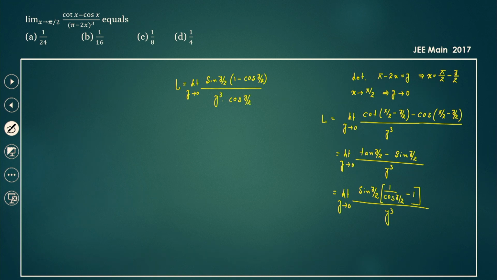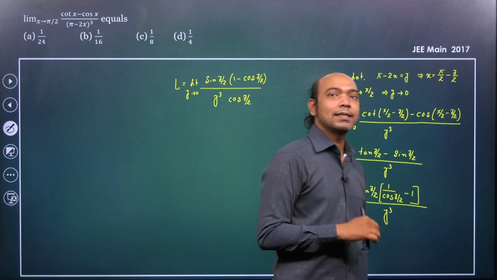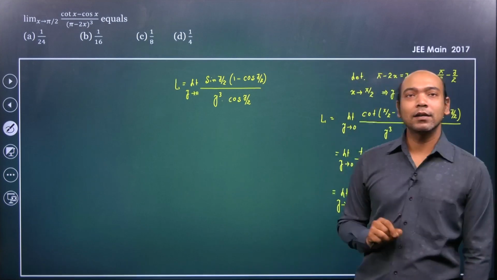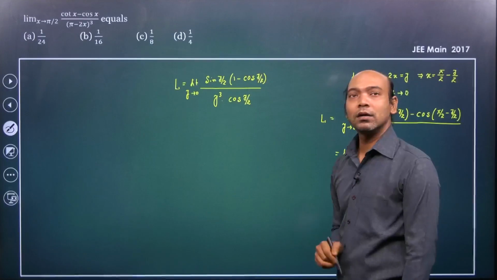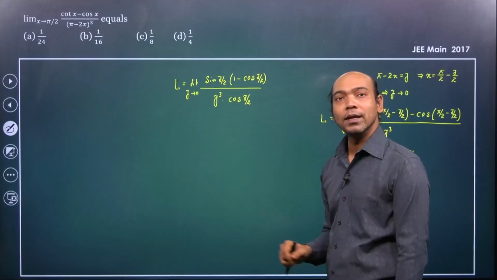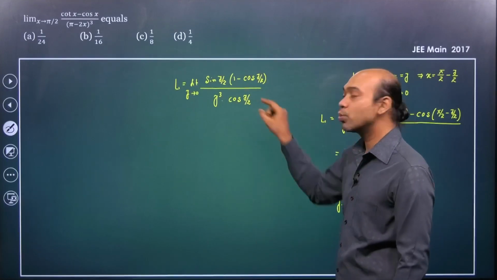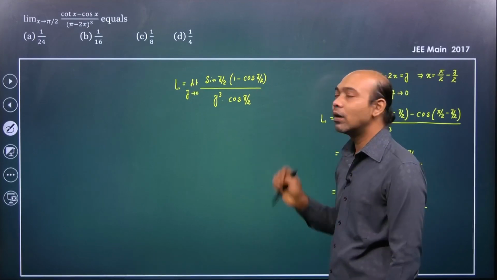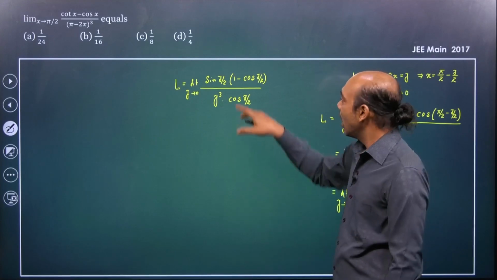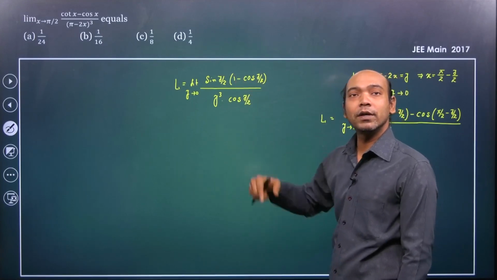That's the limit we have now, okay? If I substitute y equal to 0, obviously it is a 0 by 0 form only. But still, this cos y by 2 term can be easily removed because it is 1, cos 0, okay?